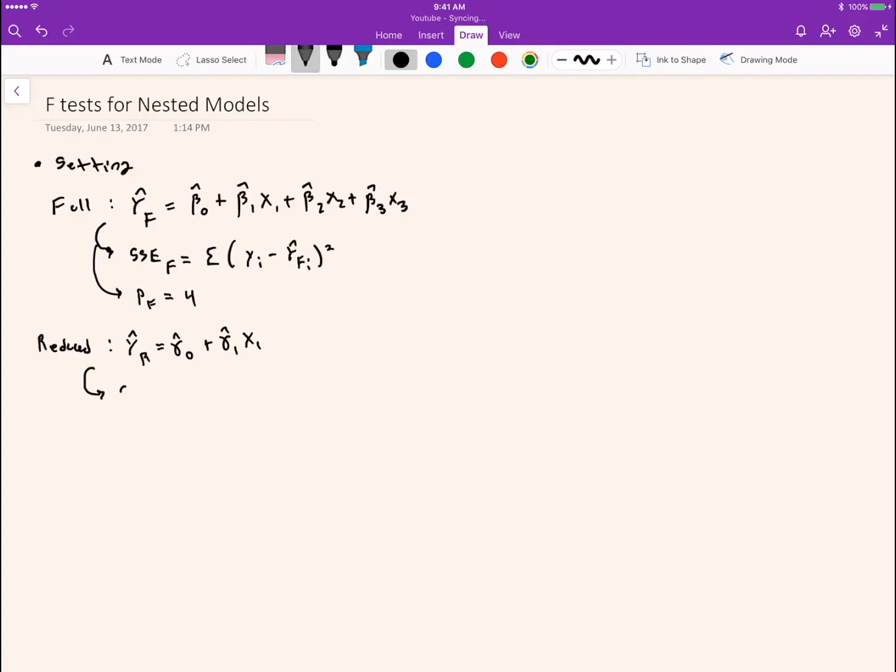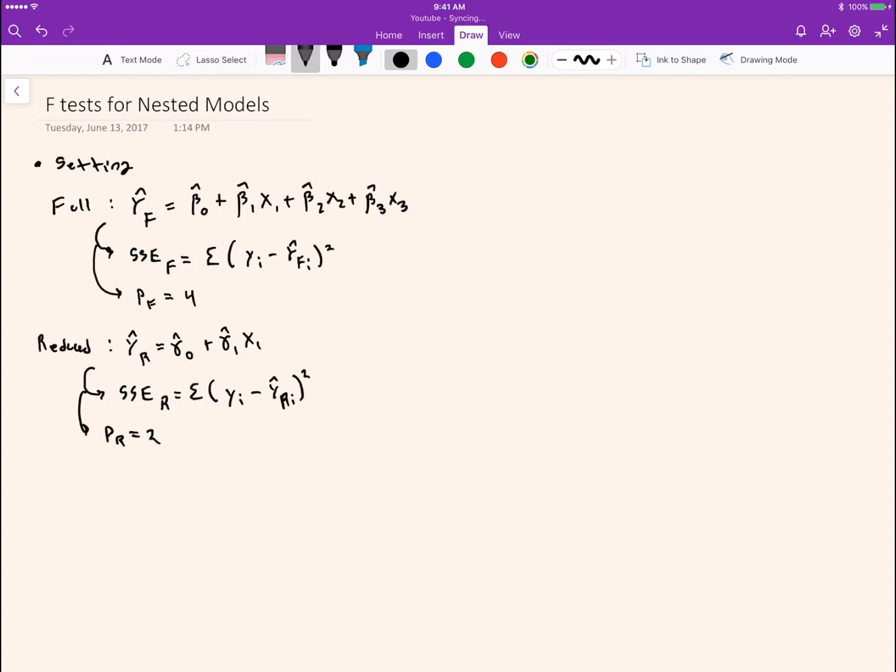This will also give us a sum of squared error for this reduced model, which can be computed in a similar way, where we look at the individual errors based on predictions from this model, square those and add those up. And this model also has a certain number of parameters, which in this case is 2, for the intercept and slope.